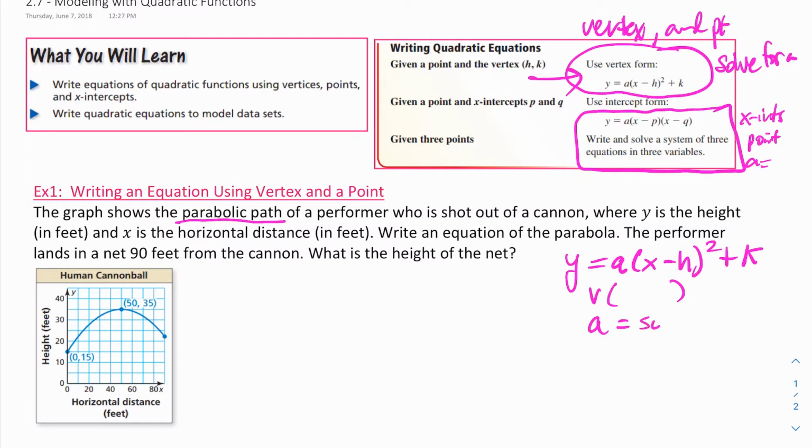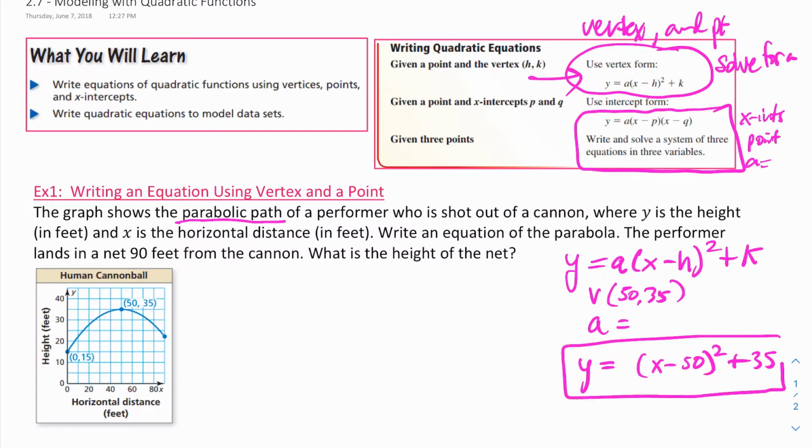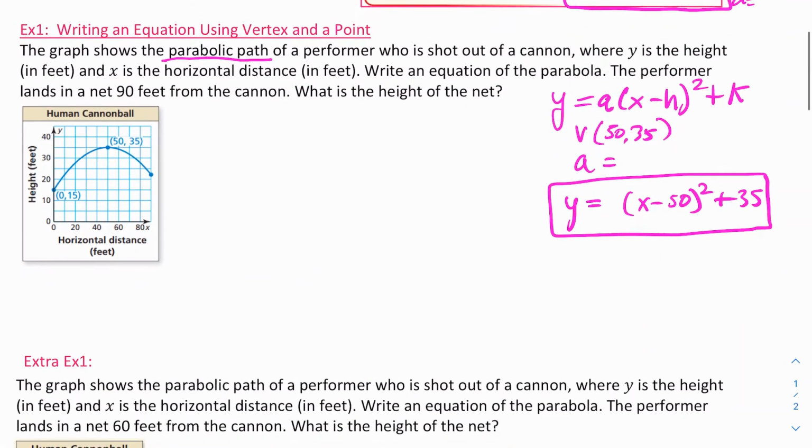So I already know that the answer is going to be something times x minus 50 squared plus 35. I also know that a is going to be negative because the parabola is facing downward. We just need to figure out what it is.